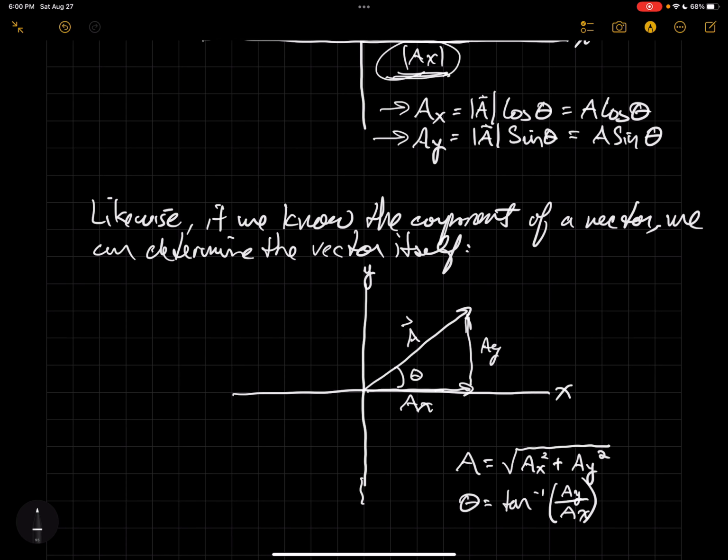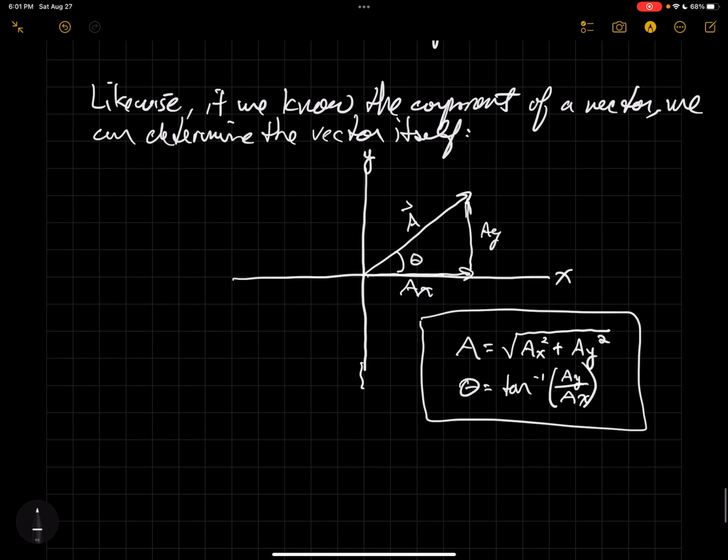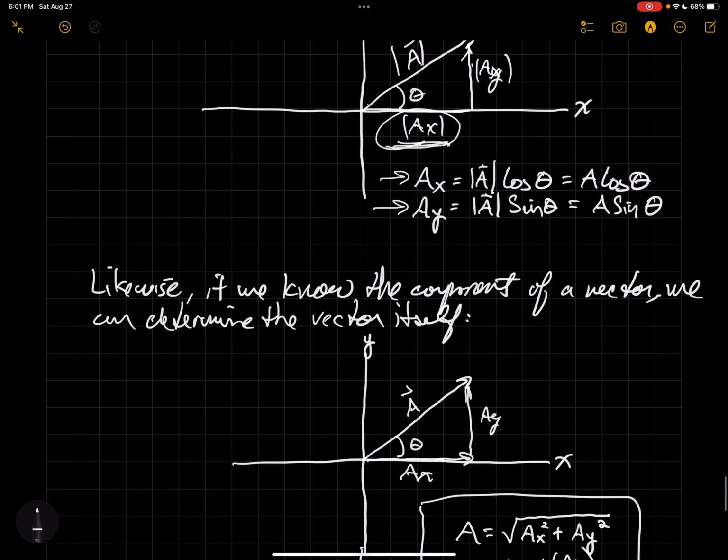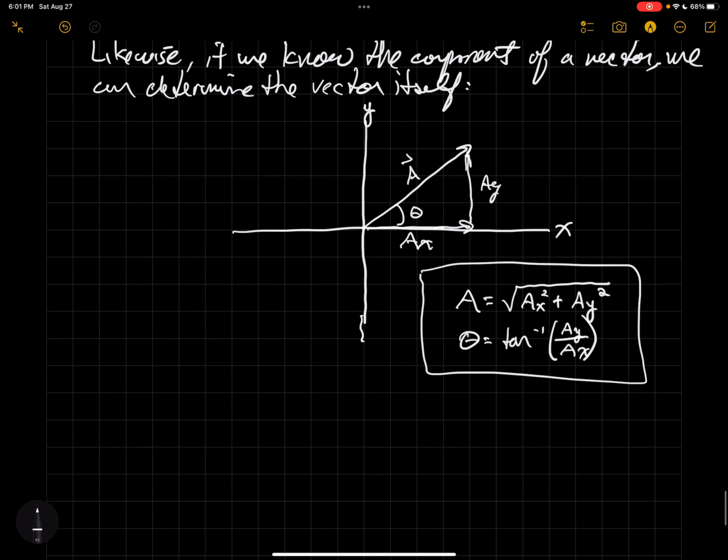And again, these equations you will use regularly and consistently as you work with vectors. So now that we've learned how to describe vectors both in vector fashion as well as in component fashion, and recognizing that we now know how to do vector addition, it becomes very easy to do vector addition when we consider the vectors in terms of their components.